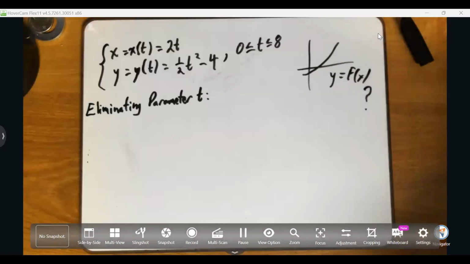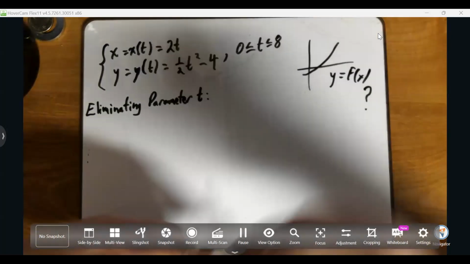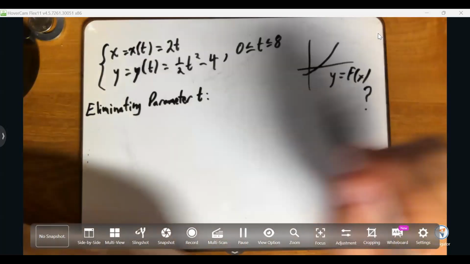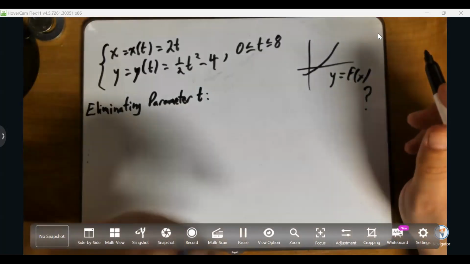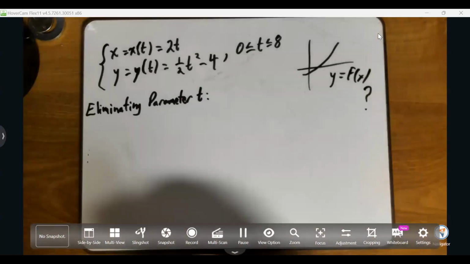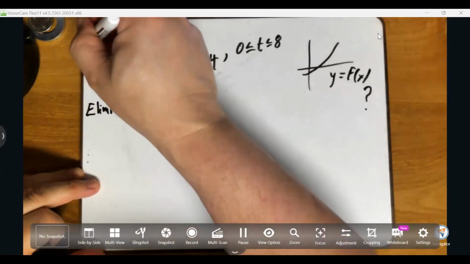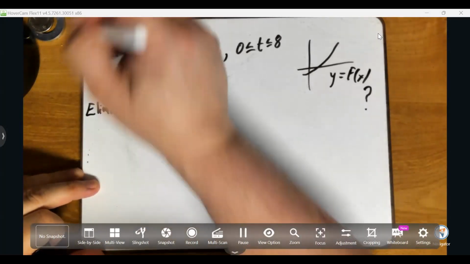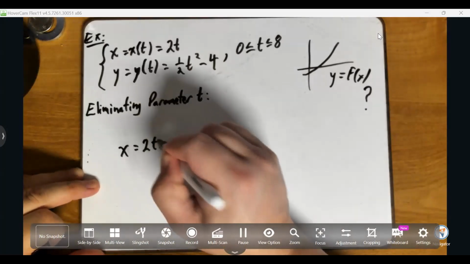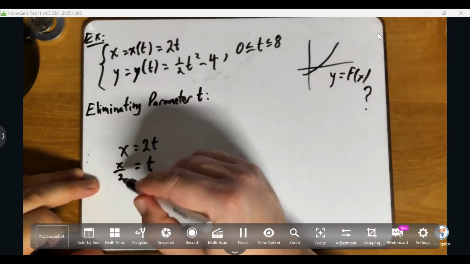The way we do that is, using one or the other equation, we try to solve for t in terms of x or in terms of y, and then we plug that into the other equation. So in our example here, we have x equals 2t. So t would be x over 2.